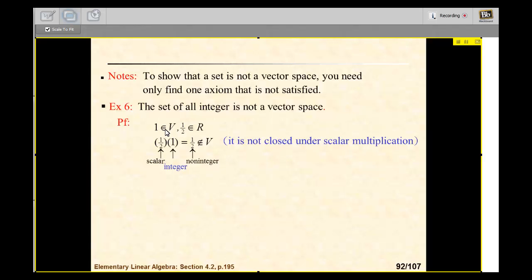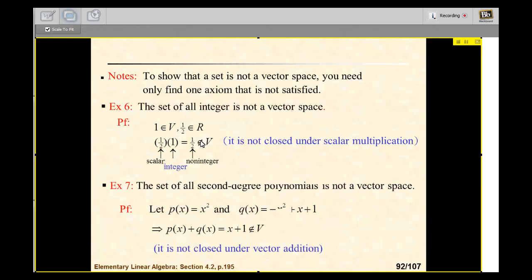And let us take any constant, 1 by 2, which belongs to the real numbers. When we multiply the constant 1 by 2 with the vector 1, we get 1 by 2, but it does not belong to the vector space. So property number 6 is not satisfied. It means that the set of all integers is not a vector space.